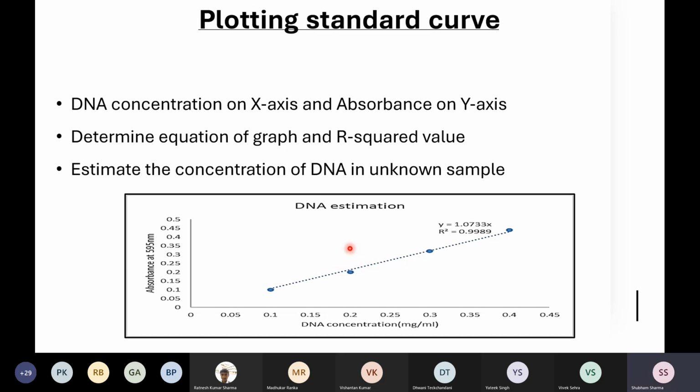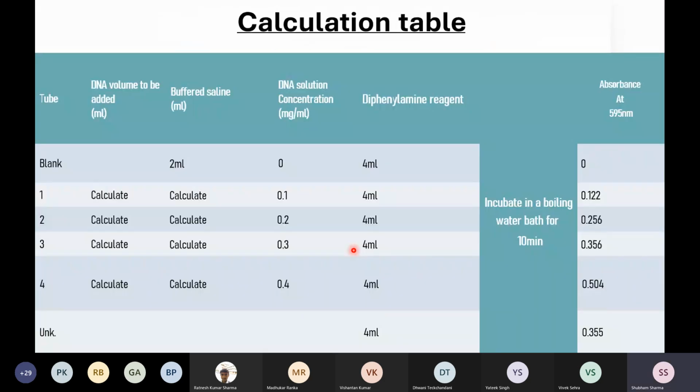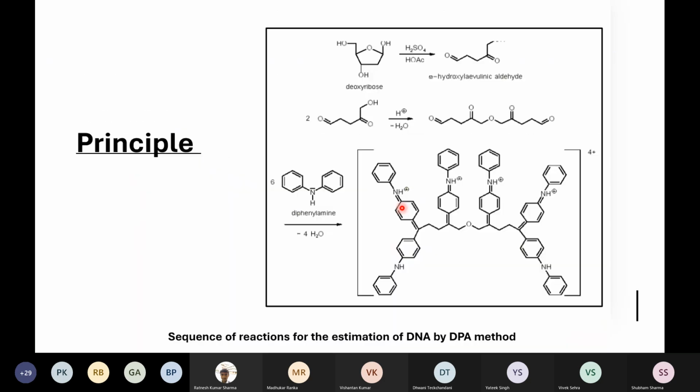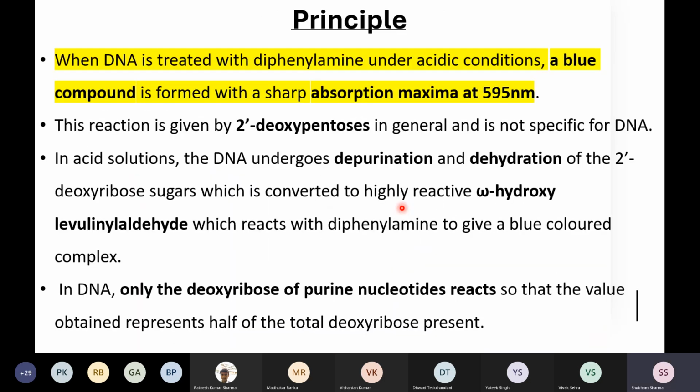Is my question clear to everyone? Yes, sir. Question is clear. So let me take you back to this. Little complicated question for a very simple answer. So what we have here is only those deoxyribose are going to give absorbance which are attached with purines.